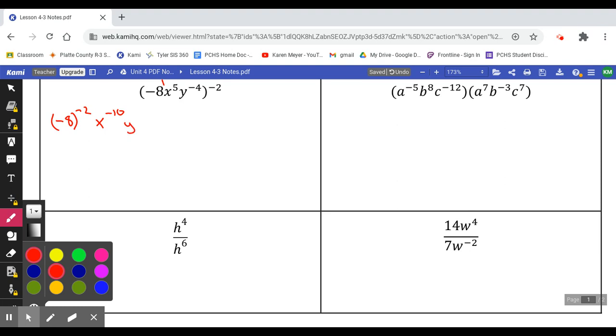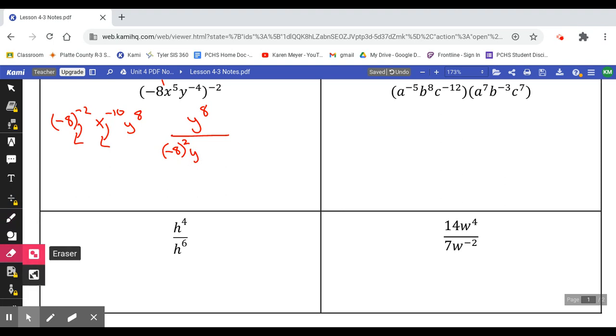And for y, negative 4 times negative 2 is positive 8. The 8 has a negative exponent. The 10 has a negative exponent, but the y does not. So please keep the y on the top of the fraction. And when you move the other 2 to the bottom of the fraction, then they will have positive exponents.